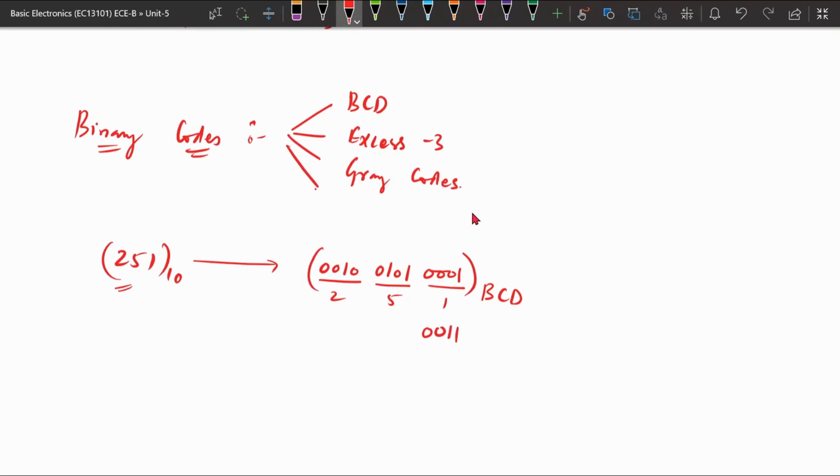If we add 0011 to each digit, the first one comes out as 1 and 1 is 0 with a carry, and so on. The second one is 1 and 1 is 0 with a carry, and again here also it comes out as 1 1 1 is 1 0. So this will be the XS3 representation of the decimal number.